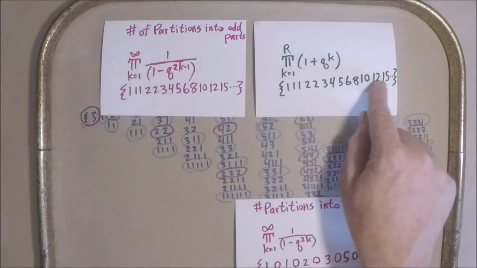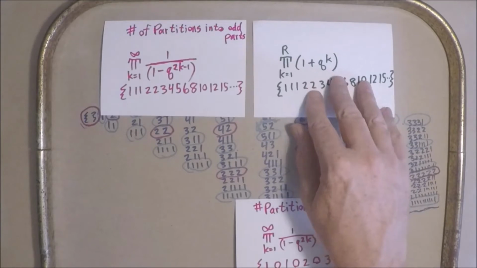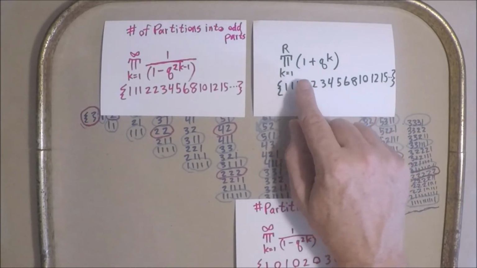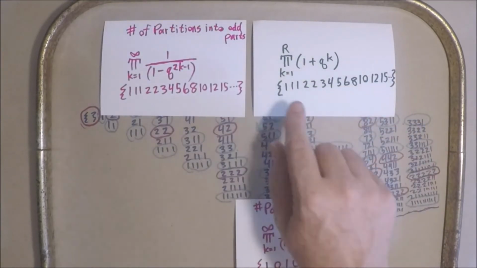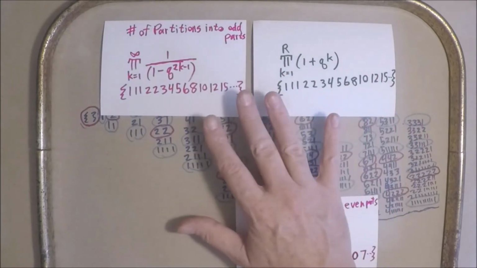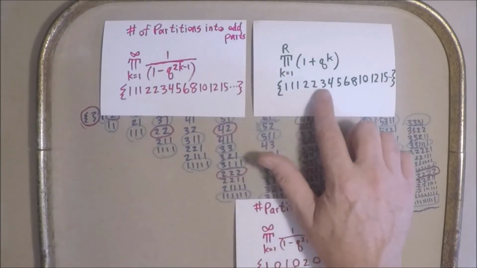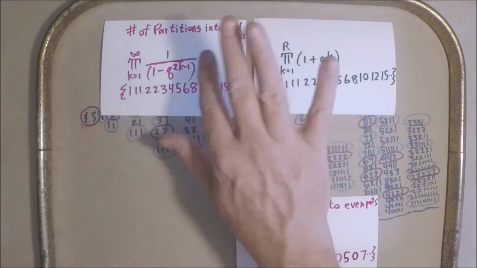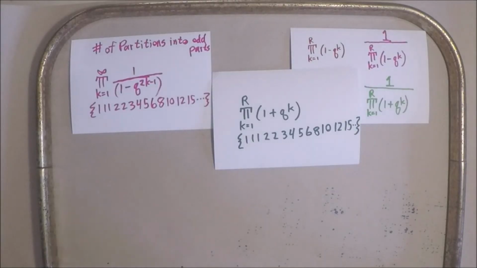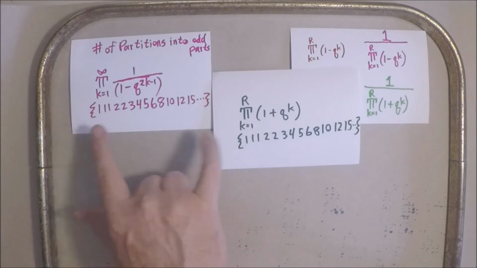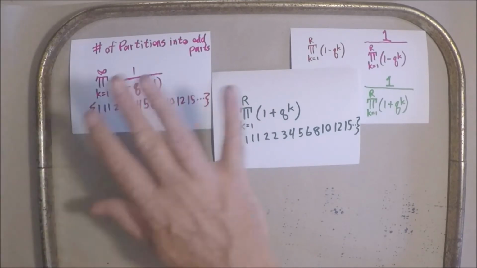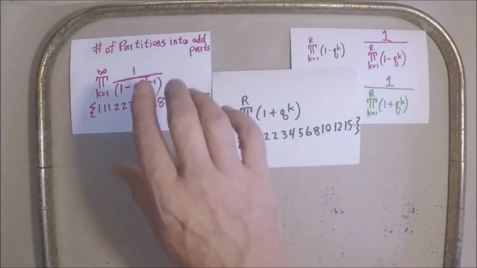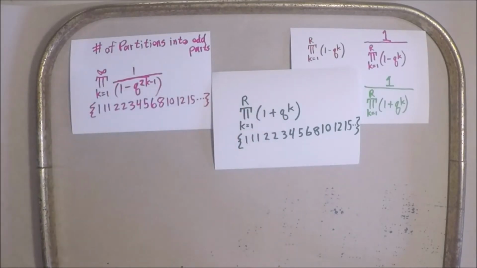So is this partitions into odd parts, or is there some other characteristic going on here? And if we can find some other characteristic that these numbers account for, then we have a relationship. That's one of the first identities Euler proves, is that they count the same, but that is no way to say that they're counting the same sets of partitions.